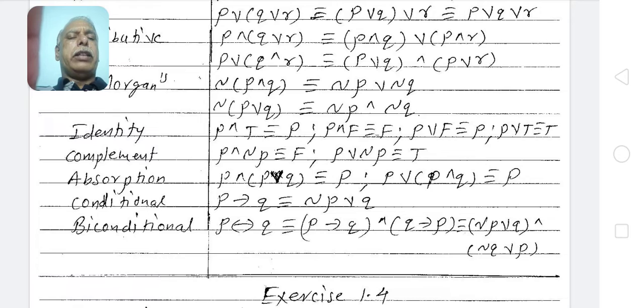Whereas in the bracket, P is repeated, P or Q, and within the bracket the operator is OR. So P is repeated twice, once outside the bracket and once inside, whereas the operators are one AND and the other OR.